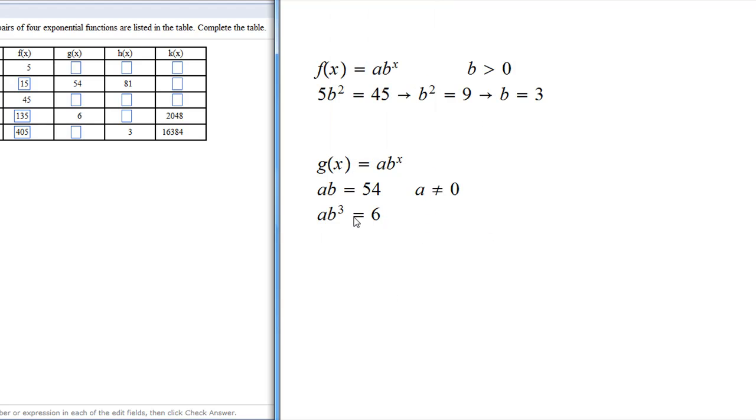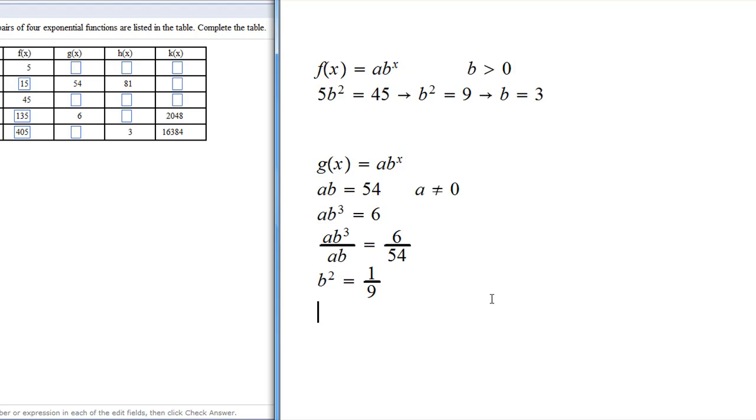So if we divide AB cube equals 6 by AB equals 54, we get AB cubed divided by AB equals 6 over 54. Now these a's will cancel, and b cube over b is simply b square, which will be 1 over 9.